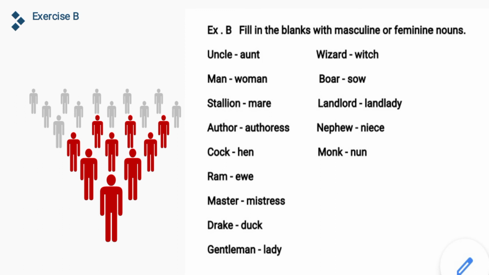Write in neat and clean handwriting. Check the spellings. Write neatly. You can fill the answers in the book. Remember again that in exercise B, we are writing the opposite gender of these words.